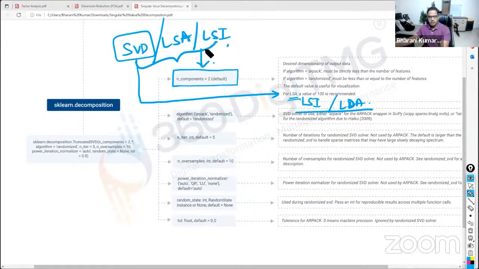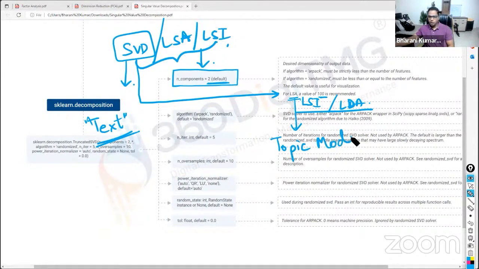And when we are using SVD to deal with text data, then we need to use 100 as your number of components. So that's the recommended value. Because in LSA, it's all about topic modeling. How many topics exist in a textual document is what LSA will help you figure out. So these are a few things that I wanted to talk about.